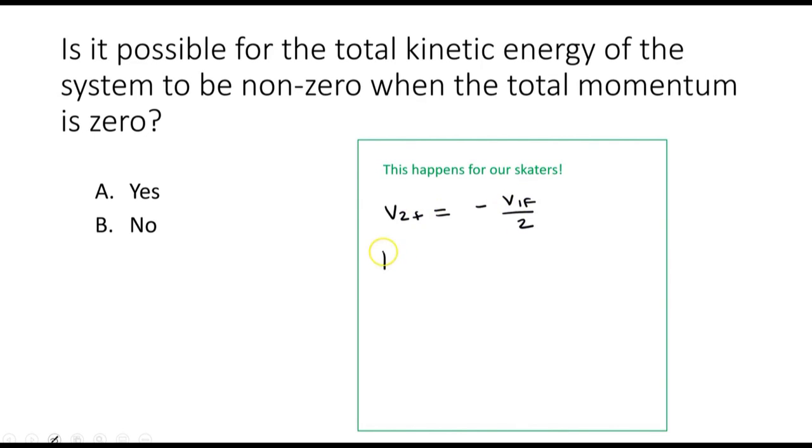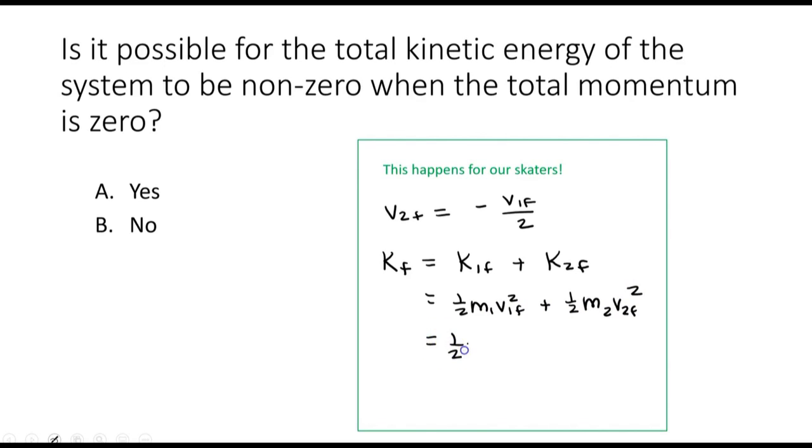And so the final kinetic energy of the system would be k1 final plus k2 final. That would be 1/2 m1 v1 final squared plus 1/2 m2 v2 final squared.